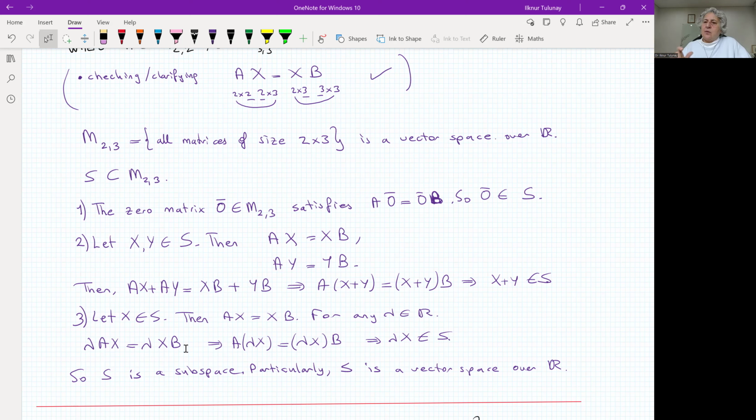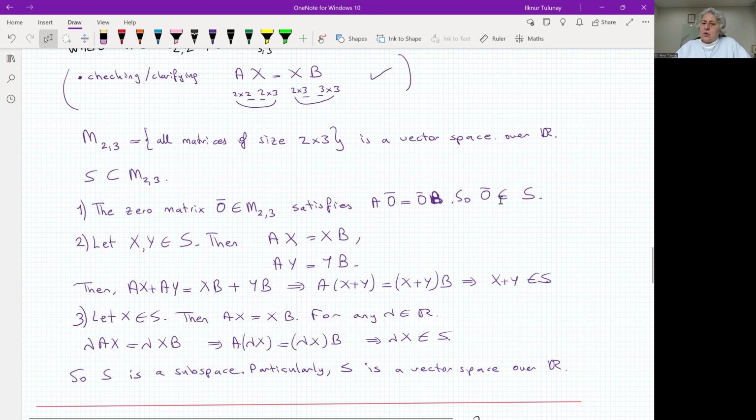Matrix multiplication is not commutative, but if you have only one lambda multiplying the matrices, you can commute that. Only this scalar multiplication commutes inside the matrices. So this is why I can take the lambda here and lambda here. So that will allow me to say that lambda X is inside the subset S.